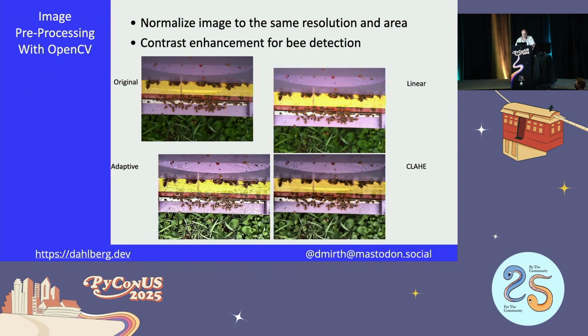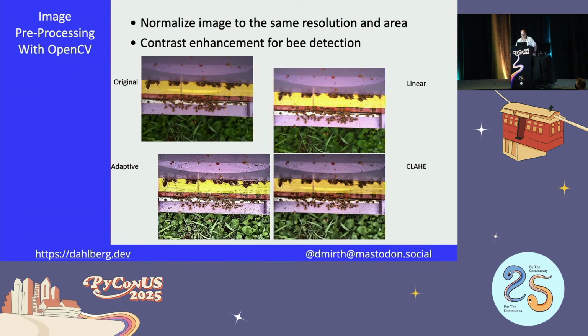I tried 3 different OpenCV techniques for processing the images. Linear transformation, which applies the same changes to all pixels. It's very quick, computationally fast, but does not always do a good job. Then there's contrast-limited adaptive histogram equalization, say that 3 times fast, where the image is broken down into a green to red channel, a blue to yellow channel, and a lightness channel.